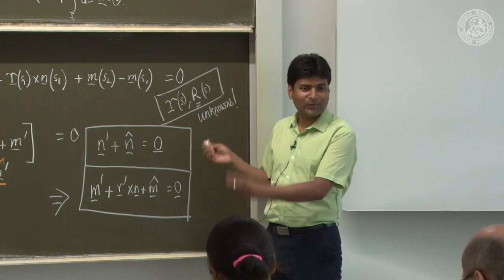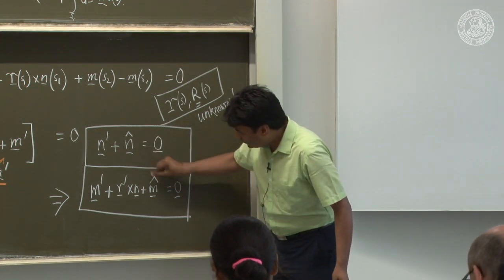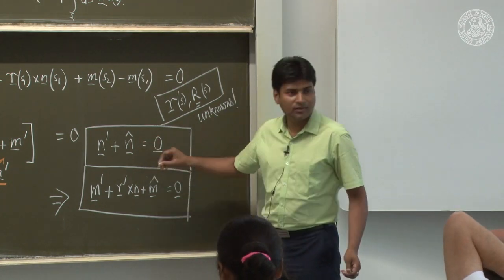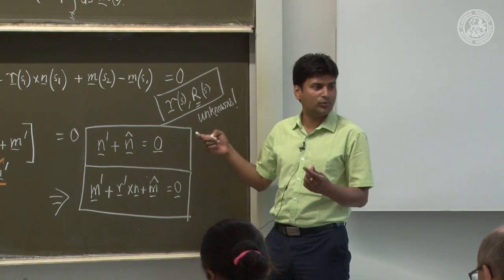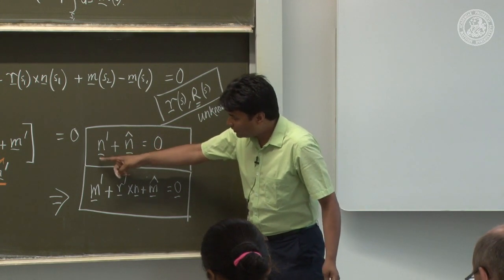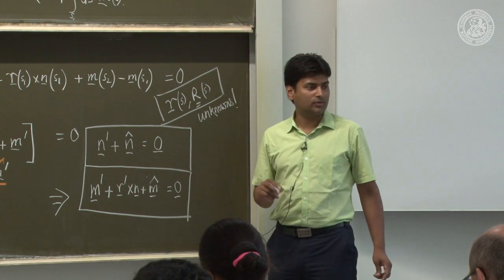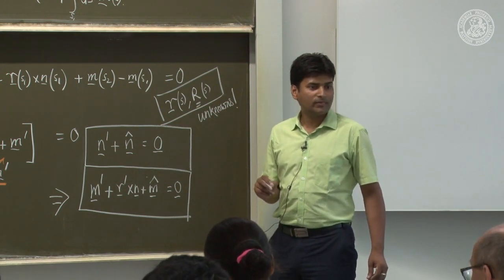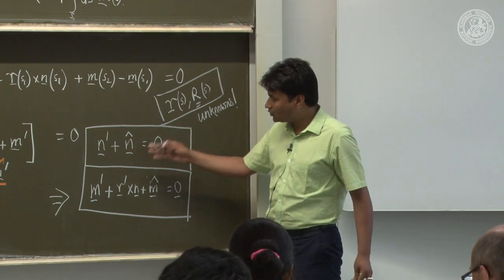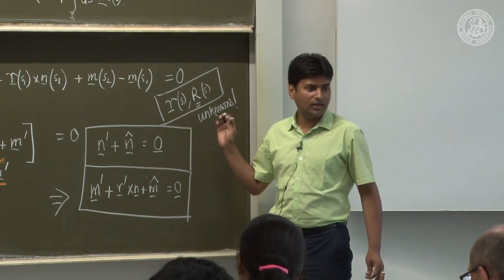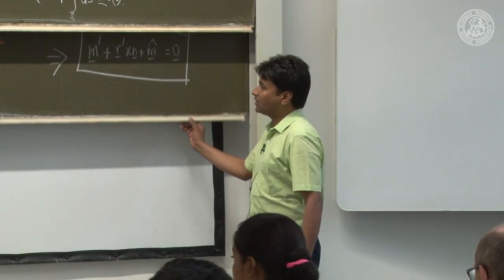So that's what we have to look for. n hat and m hat are known to you, because they are due to external loads. The unknowns are n and m, which you have to express in terms of the kinematic variables. It's not clear how those are related to each other.